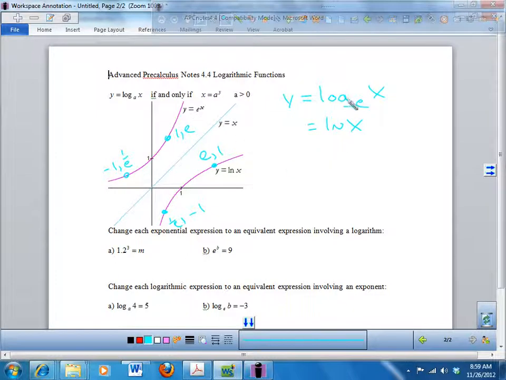To write this in exponential form, I could write this same equation as e to the y equals x. So this to the this equals this. This is called exponential form, and this is called logarithmic form.